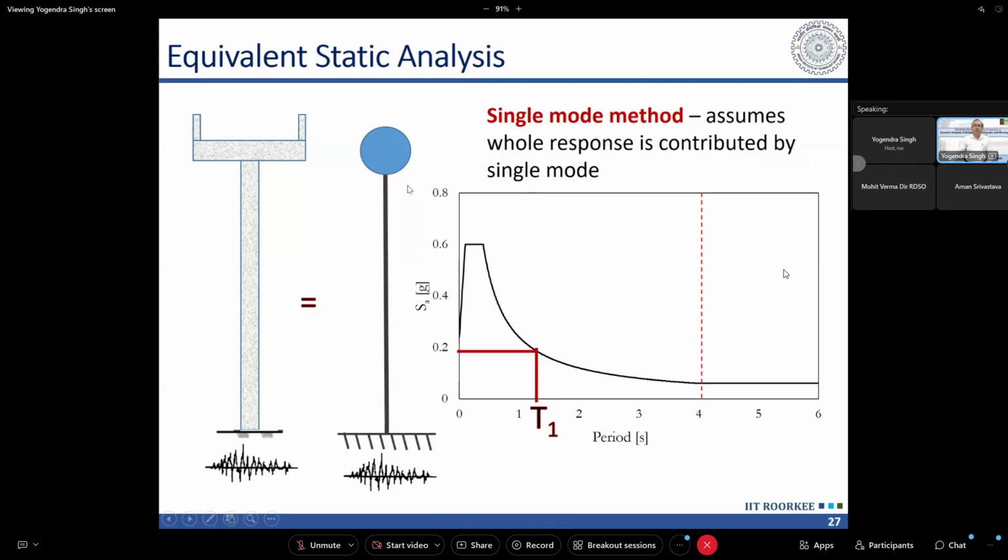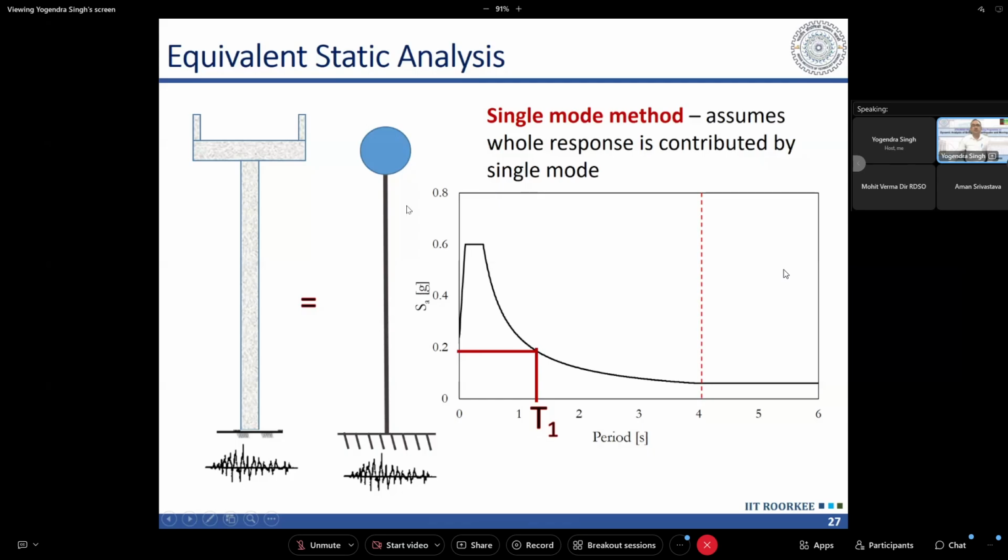And in that case, the response of the first mode can also be read directly from the response spectrum. Most of the time, the design response spectrum is available to us, so we can read the response of the single degree of freedom system directly. Actually, we read the spectral acceleration SA, which multiplied by the mass of the structure will give us the force in this single degree of freedom system or the structure.